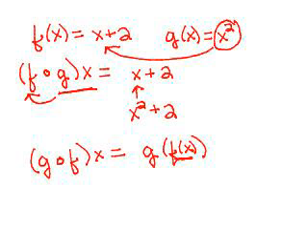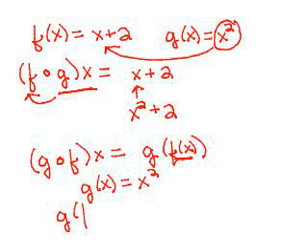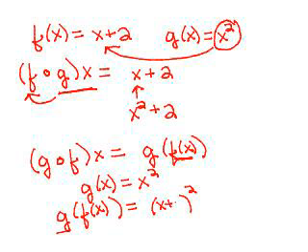Okay, so g of x is equal to x squared. So then g composition f of x is going to be where I take out the x in the g function, the x squared, take out the x and replace it with the function for f, and the function for f is x plus 2.